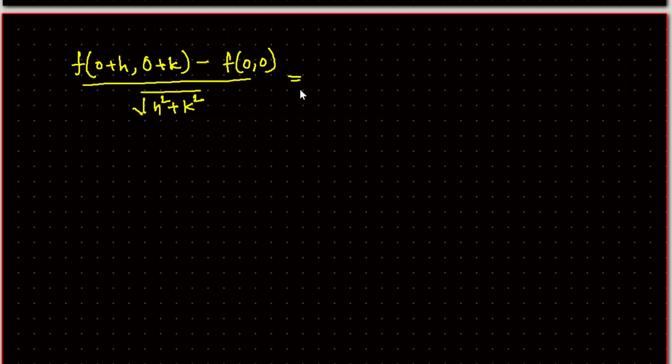This can be written as (h minus k) whole squared times sine of 1 by (h minus k), minus 0, so we don't write that, divided by under root of h square plus k square.